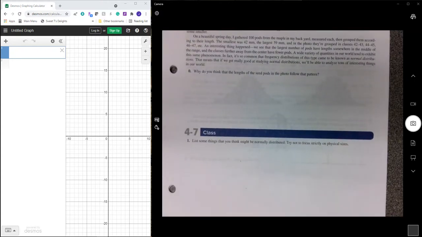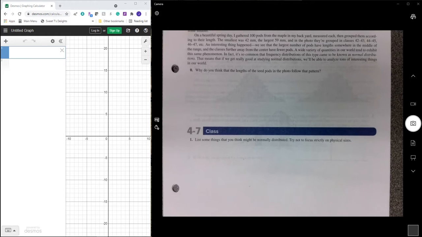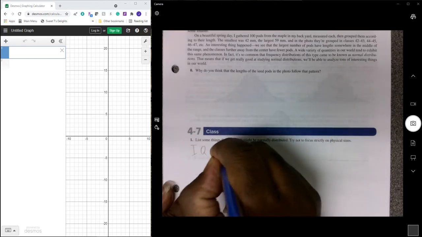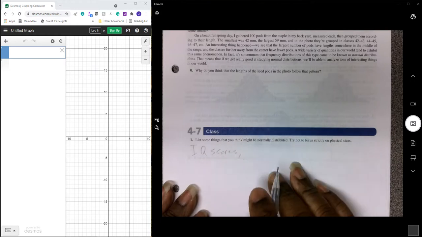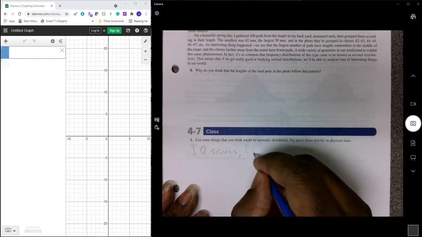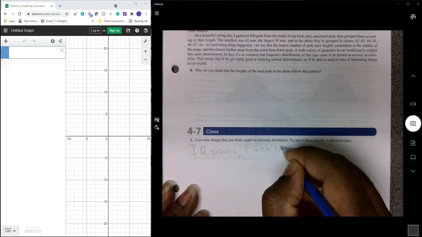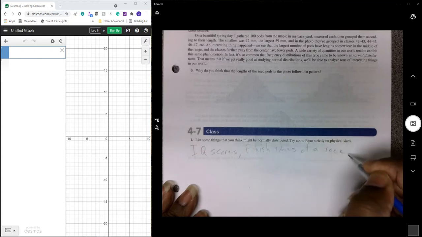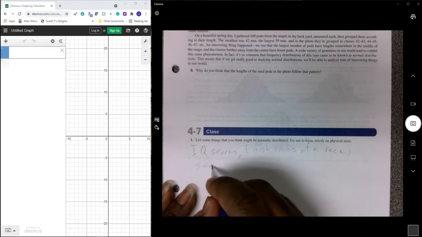It says number one, list some things that you think might be normally distributed. Try not to focus strictly on physical sizes. So we could look at IQ scores, finish times at a race, and scores on an exam.